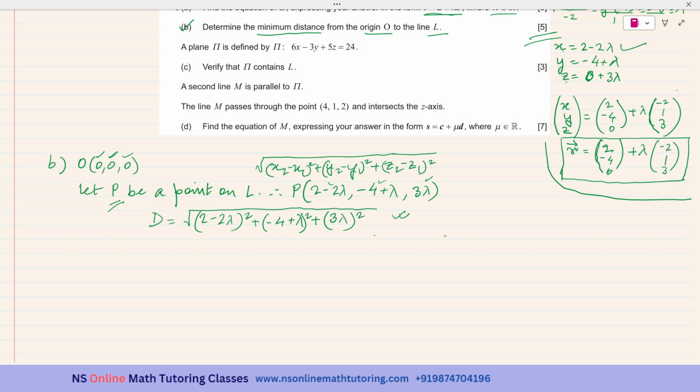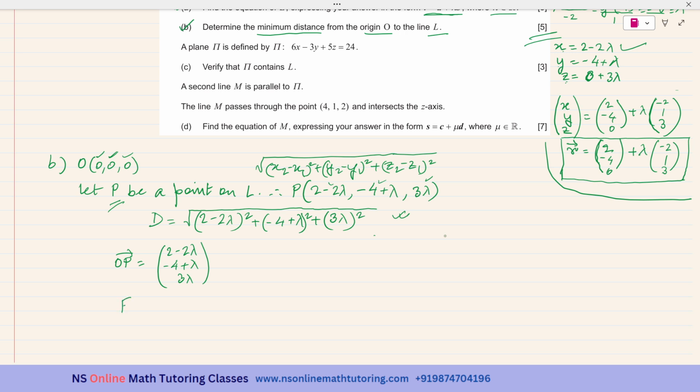I will be using the vector method. So I am taking the OP vector. OP vector will be what? 2 minus 2 lambda minus 0. So it is 2 minus 2 lambda, minus 4 plus lambda minus 0 is minus 4 plus lambda, and 3 lambda minus 0 is 3 lambda. This is the OP vector. And we know the perpendicular distance will be the minimum distance.